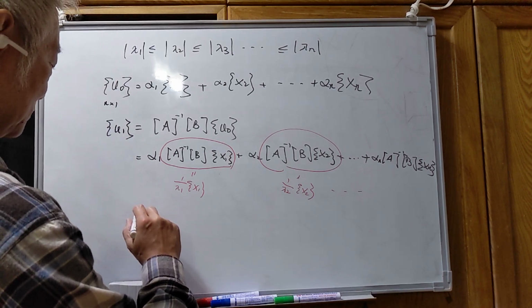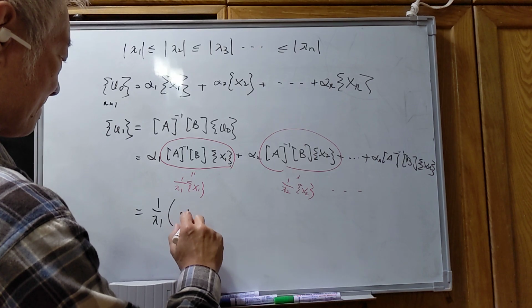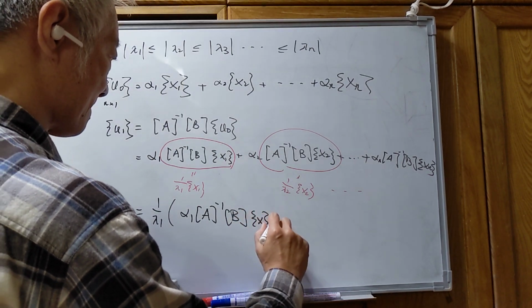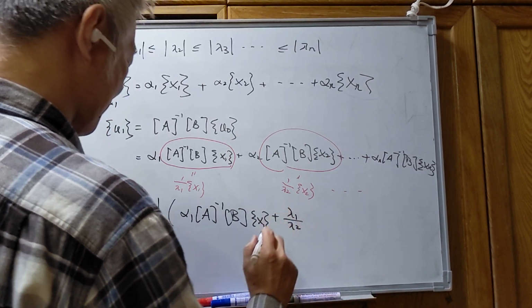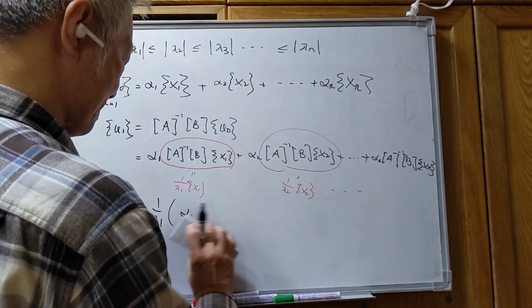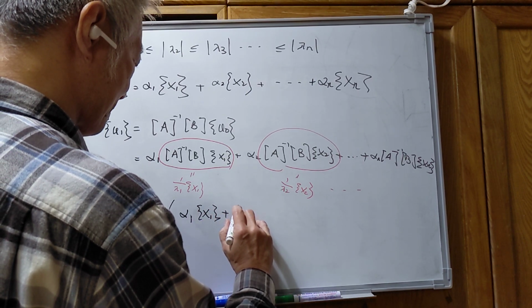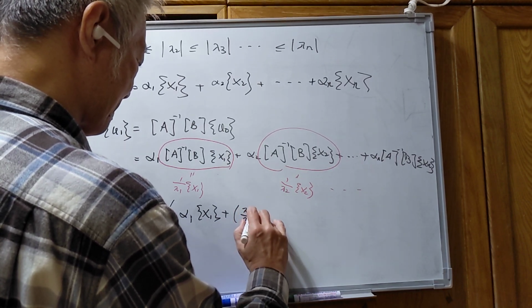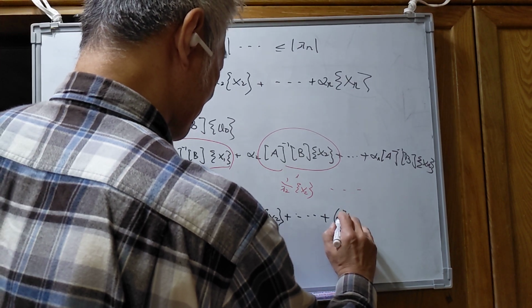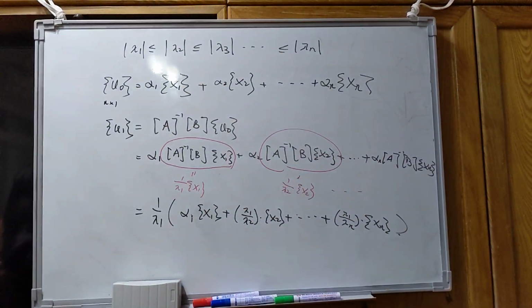Okay, then we can take out the common factor. Okay. So that's the u1 vector.